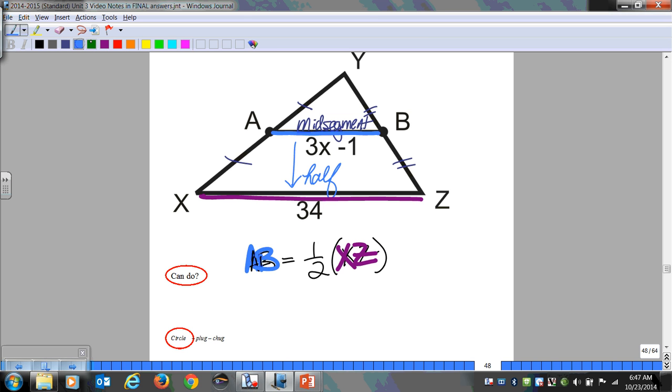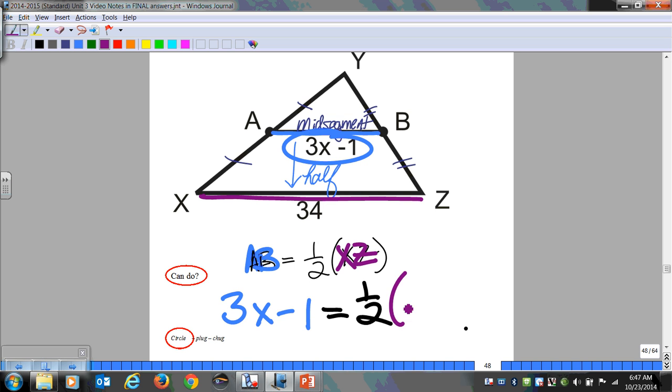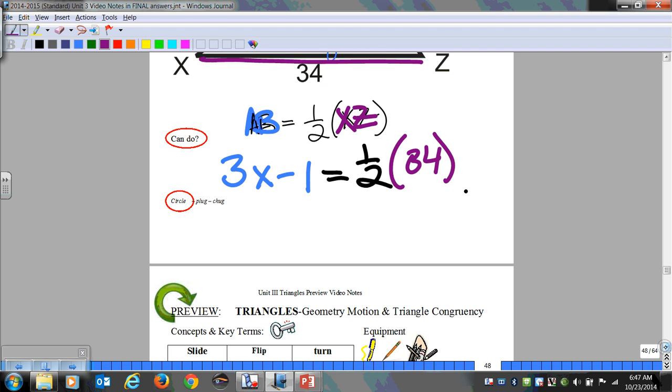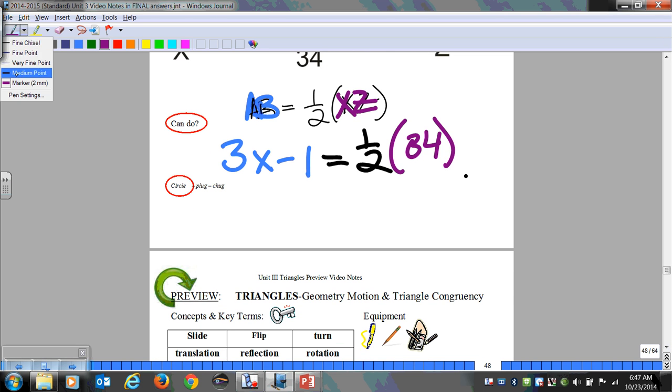You can use this now to circle plug chug. So AB is 3x minus 1 equals 1/2 of 34. From here, you should have just solved for x, and that's all I requested you to do at this point. So 1/2 of 34, so I have 3x minus 1 equals 17.